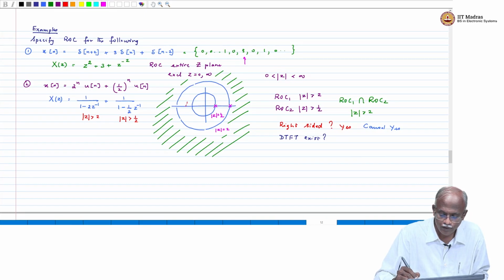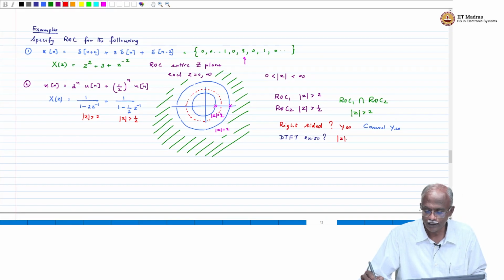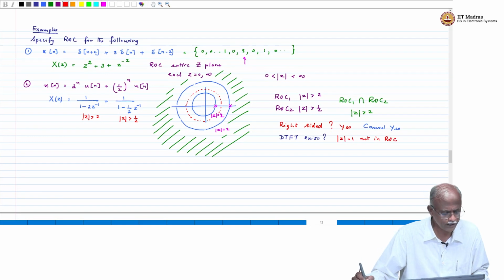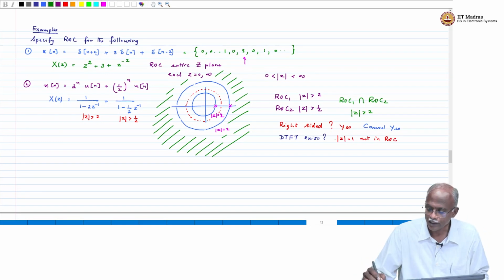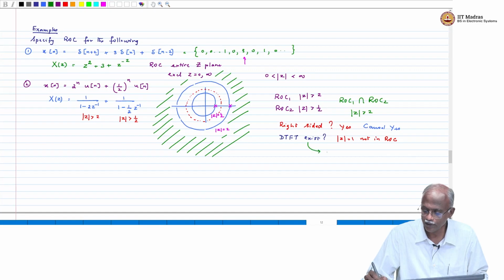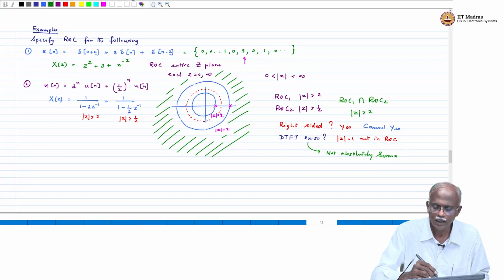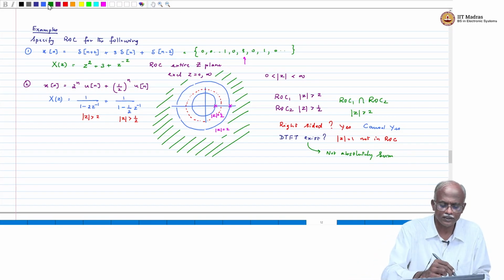So, you can think of the red dotted circle as the unit circle. It is lying between the two poles, but it is not in the region of convergence. So mod z equal to 1 is not in the region of convergence, which means that the sequence is not absolutely summable, and therefore the DTFT does not exist.